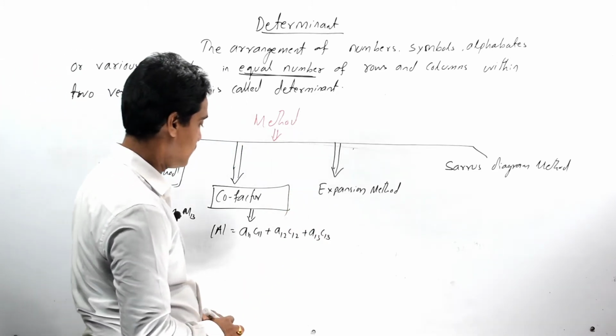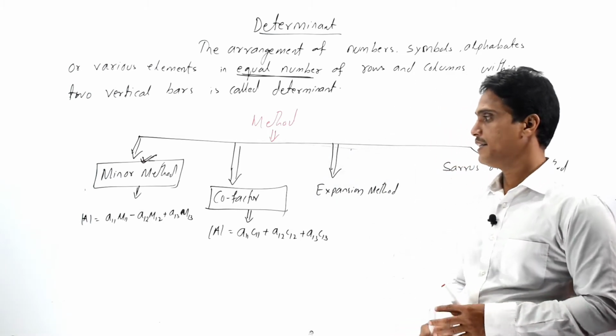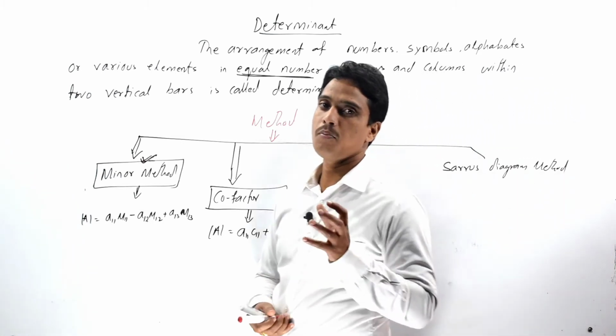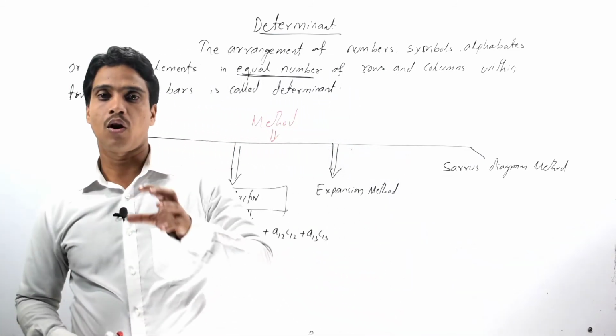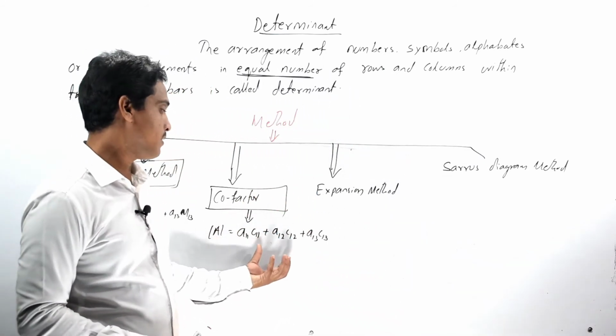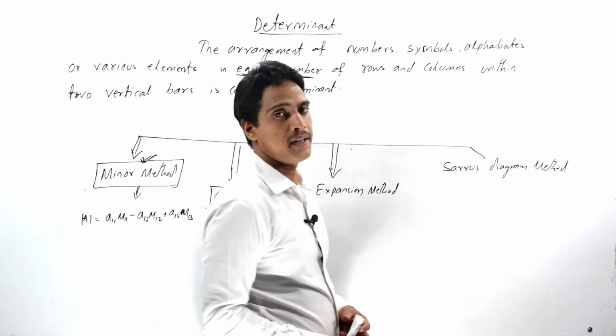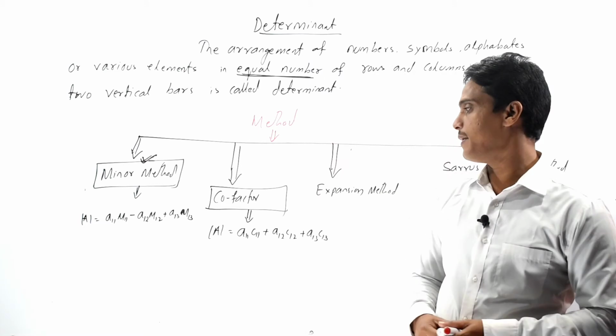That means the value of the determinant under the cofactor method is the sum total of the product of each element of any row or column with their respective cofactor values.